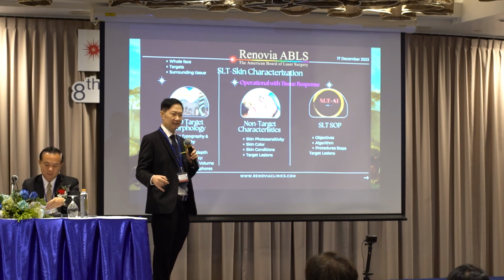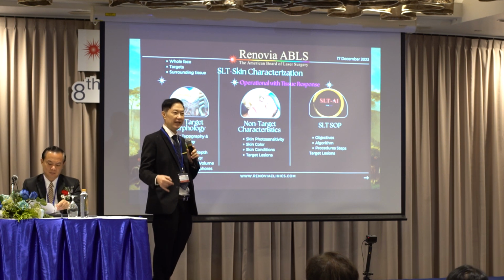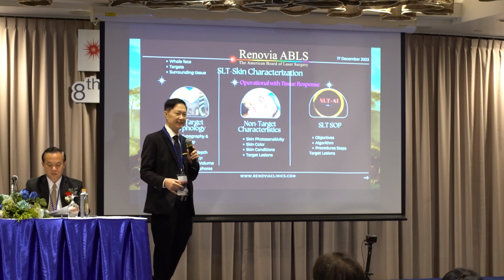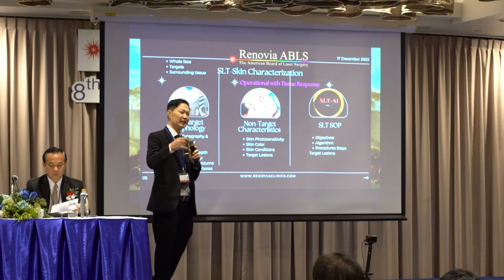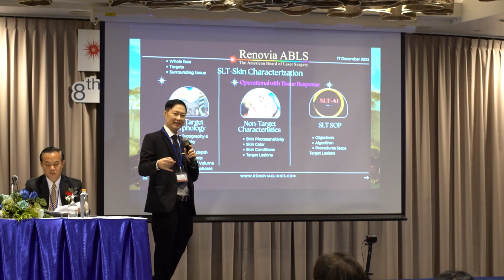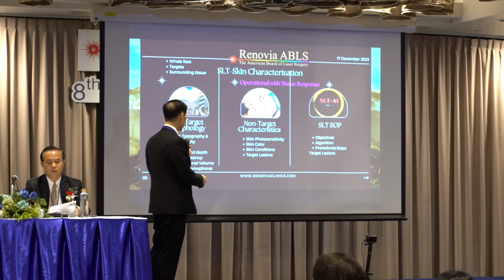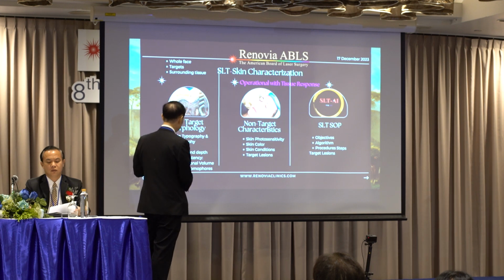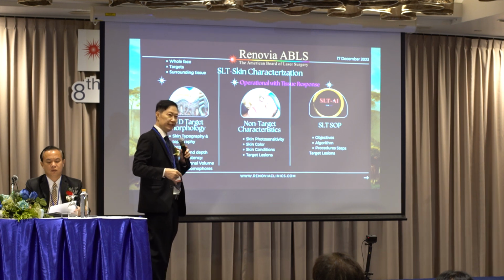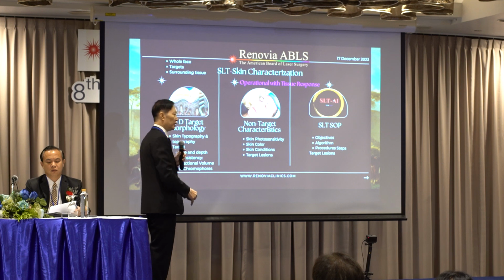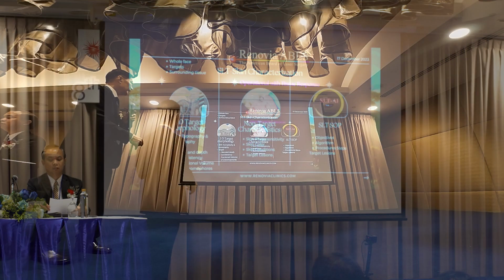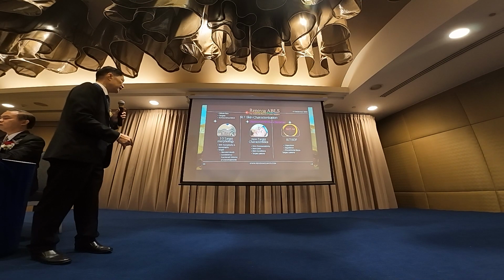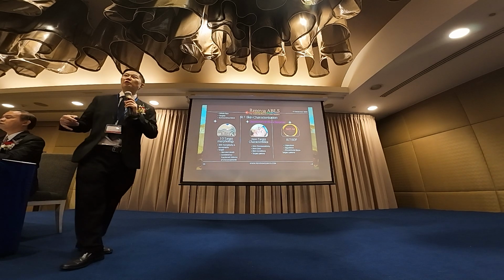And the target, what are the targets on your face? There are many types of targets. So not a single protocol can meet the needs of each target. So the target is the size and depth, the 3D dimension of the depth, what you see and what you don't see, consistency of the target, the fractional volume of chromophores.